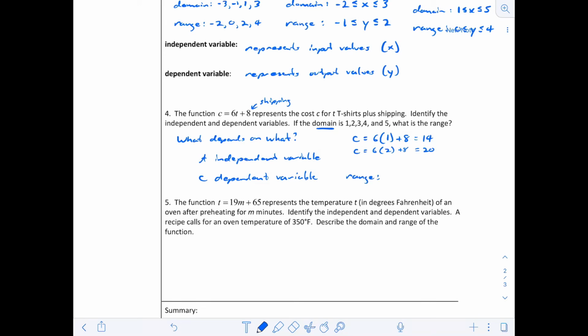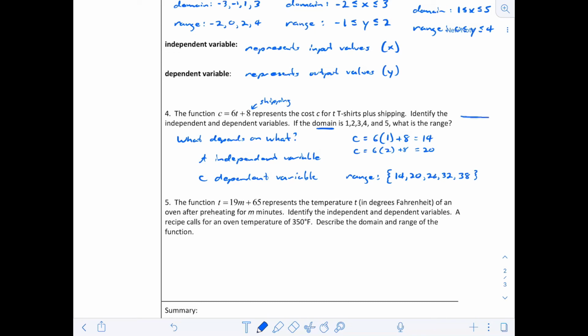And if we keep plugging in the other numbers, and I'll let you do this to verify that, if you want to plug in those other values, we get 14, 20, 3 would give us 26, 4 would give us 32, and 5 would give us 38. Do you notice that those numbers just go up by 6? Because the shipping was a flat rate of 8, so that doesn't change, but every time we add a t-shirt, the cost is going to go up by 6.